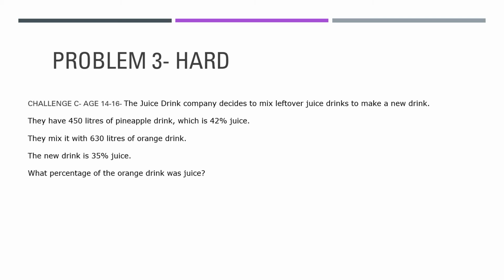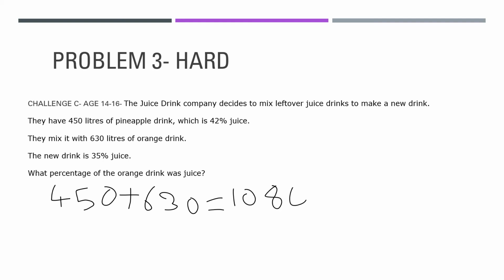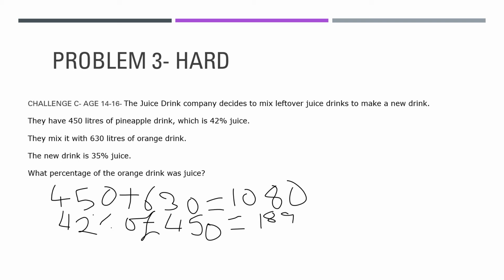So how we're going to solve this is, first, an important thing we know is 450 plus 630 is 1080. And that's how much the new drink was. Next, 42%. So we're going to find out how much juice there is in the pineapple drink. So 42% of 450 is, you can do the working out, but I'm just going to quickly show you the answer, and that's 189 liters is the juice.